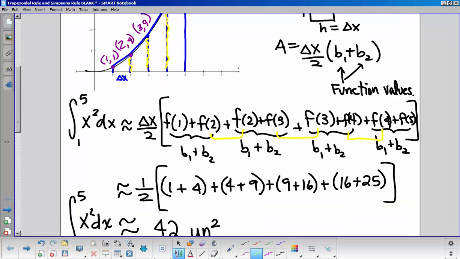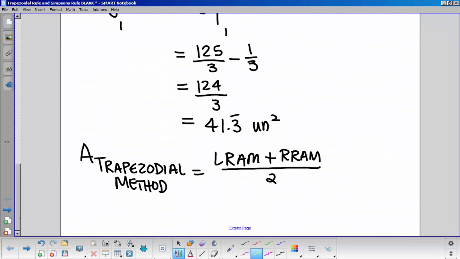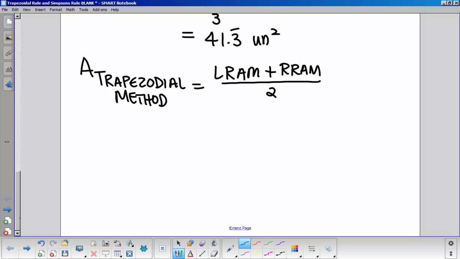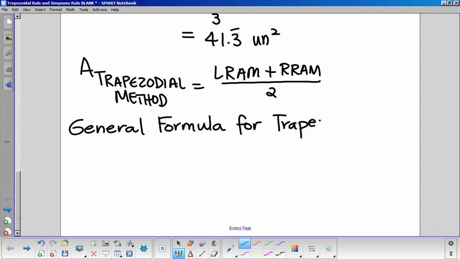So let's come up with the general formula for the trapezoidal method, and I should put this in parentheses, with delta x uniform.